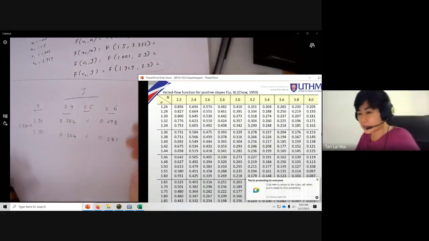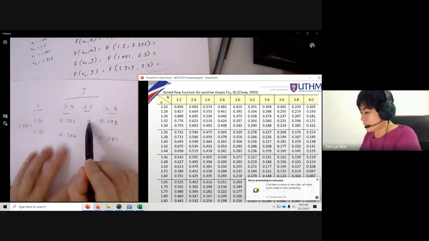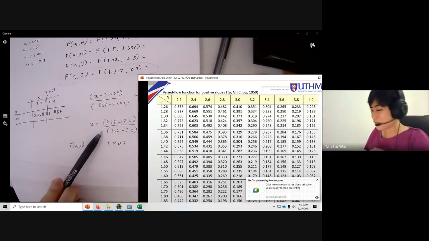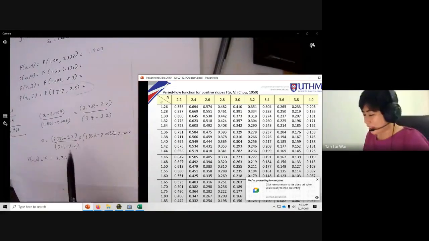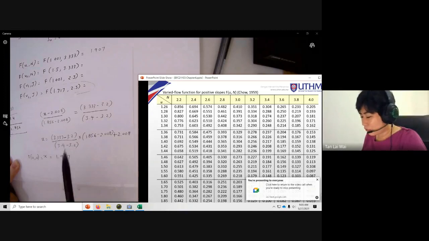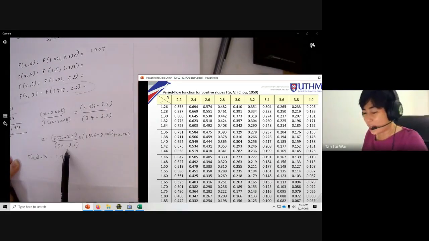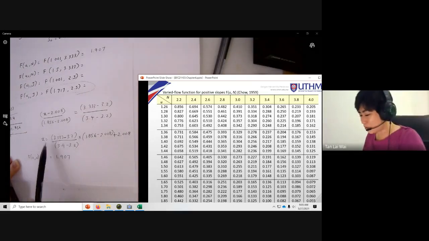Now, I could do this interpolation method, but here's the thing. If you are fast, when you do it a few times, you can get this formula straight away. When I was trying to do this, it took me some time because I'm so used to interpolating straight away.